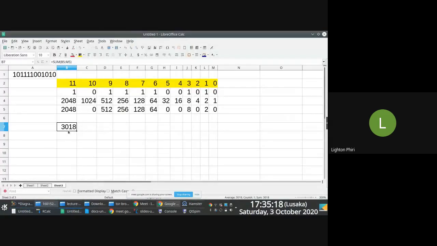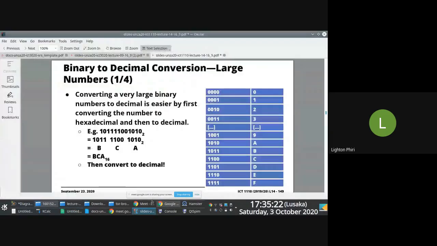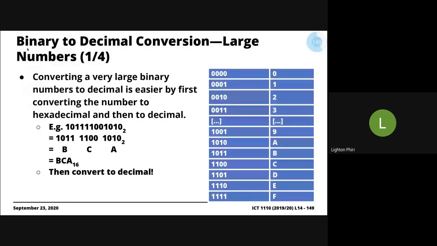So here's the thing. This is a method we are using to convert binary to decimal. But there's an easier method, at least for me, when you are converting large binary numbers to decimal.